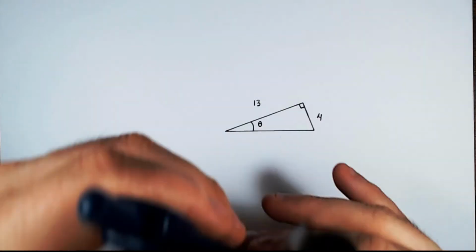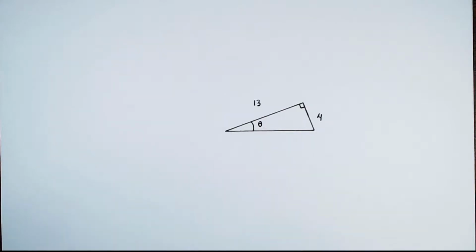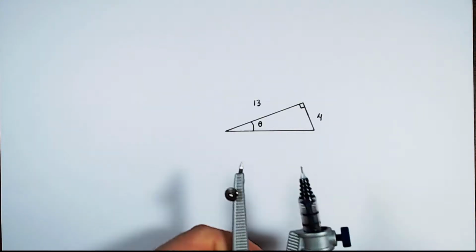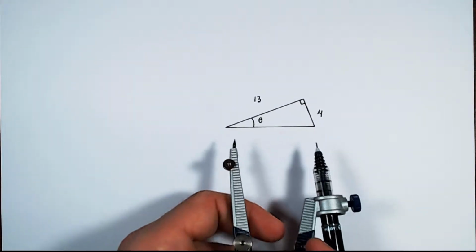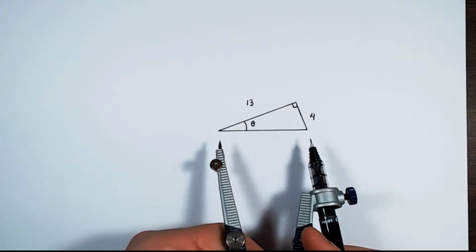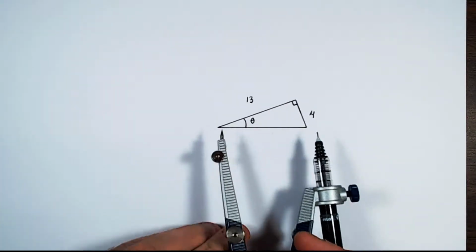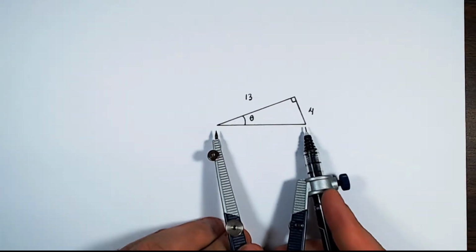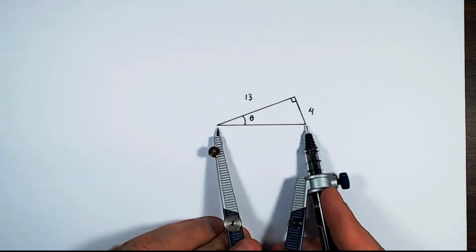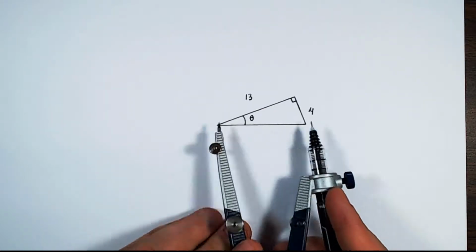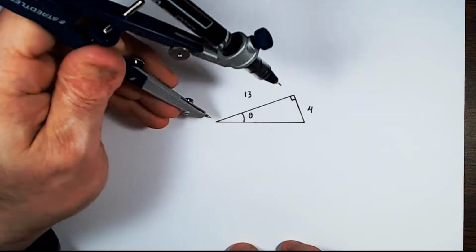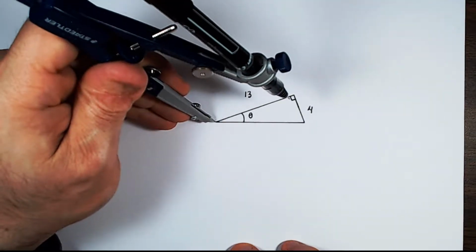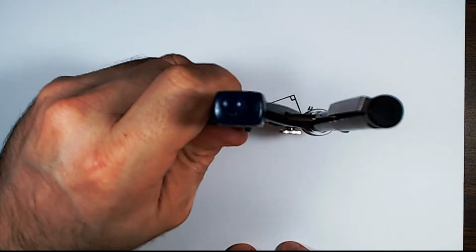Okay, and now this is the key point. In all of these problems, you want to set your compass diameter, which is the radius, equal to the length of the longest side of the triangle, which would be the hypotenuse of the triangle. Right? And then you want to put the pointy end at the vertex of your reference angle.